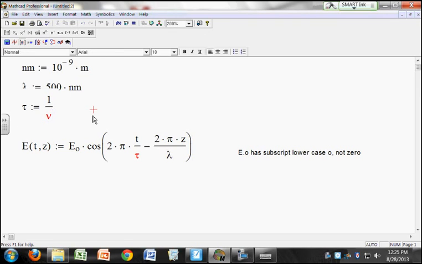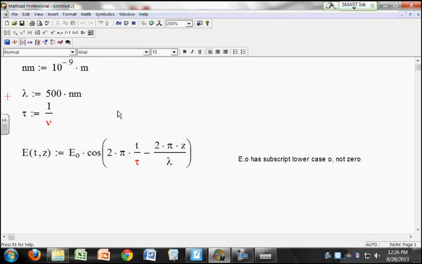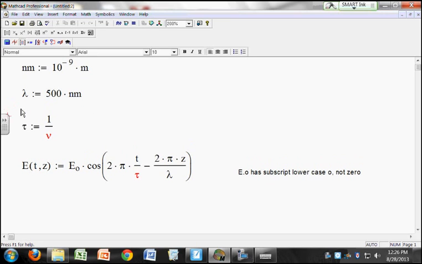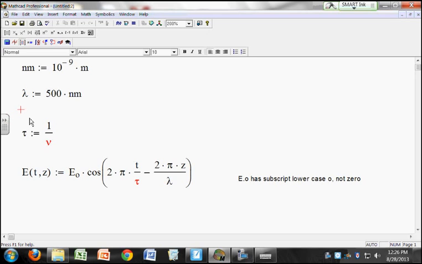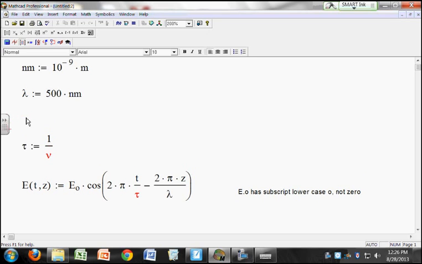Well, it doesn't know what nu is. So what do? We define nu. What is nu? Nu is c over lambda, right? Frequency is speed of light divided by lambda. Well, it doesn't know what c is.